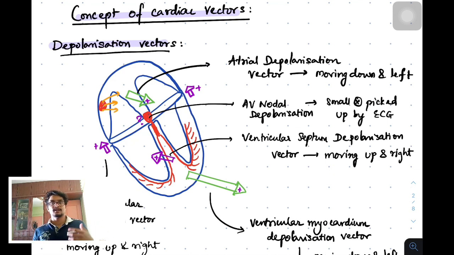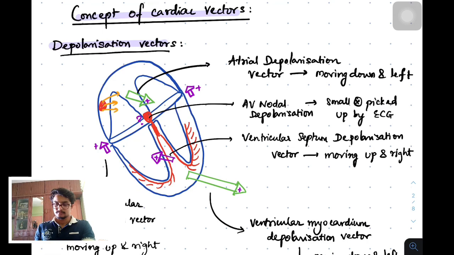It can be either calcium or sodium via voltage gated channels. So the cell, which is already electronegative, is moving towards electropositivity during depolarization. Because of this reason, the depolarization vectors are given a positive charge.